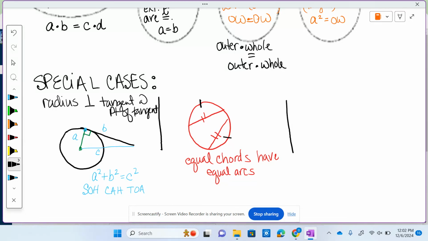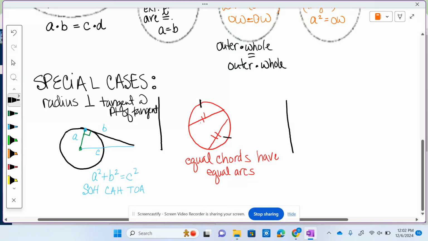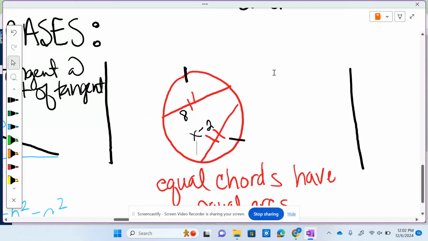So let me turn this into a little example. If this was 8 and this chord was labeled x minus 2, and you had to find x, what would you do? 8 equals x minus 2, and then add 2, and it'd be 10 equals x.